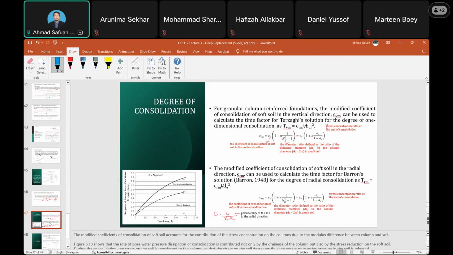So how to get the CVM? CV is the coefficient of consolidation of subsoil in the vertical direction. ND is the diameter ratio, defined as the ratio of the influence diameter to the column diameter.